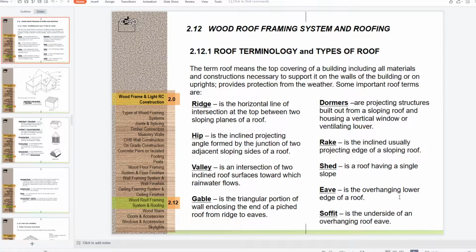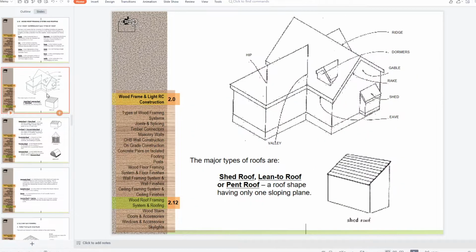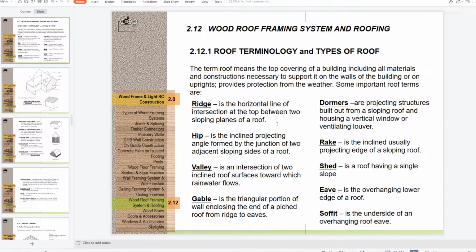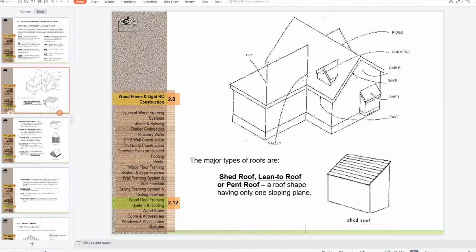Then the next one is shed. So is the roof having a single slope. So amo siya ang shed naton, kay one slope lang siya. Then the next one is eave. So is the overhanging lower edge of a roof. Ari ang eave, ang sa dalom sang inyong roofing.